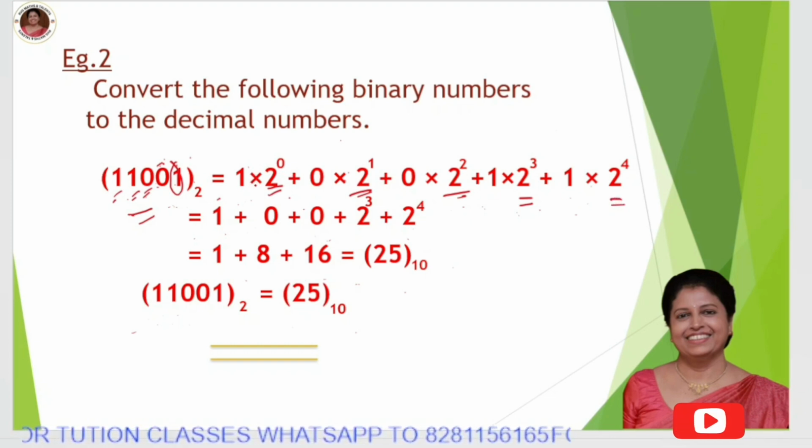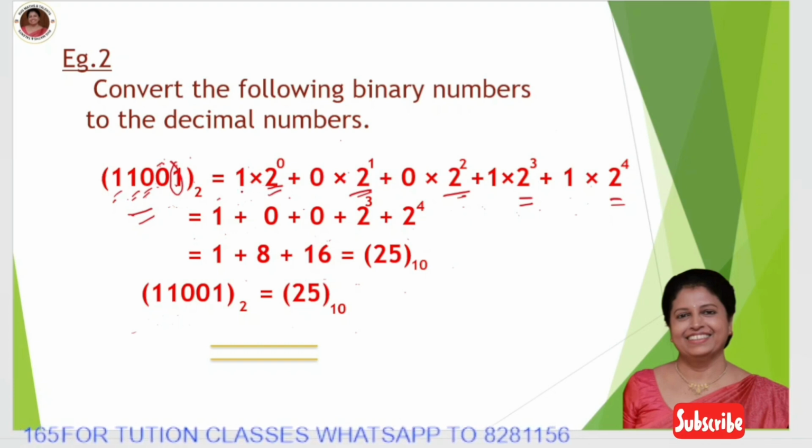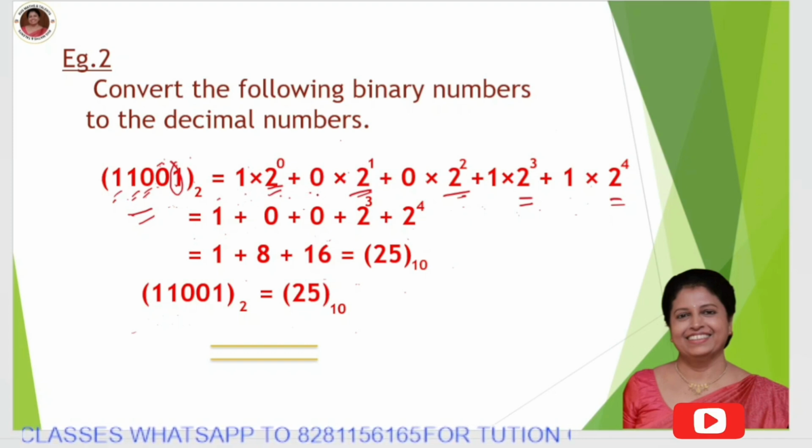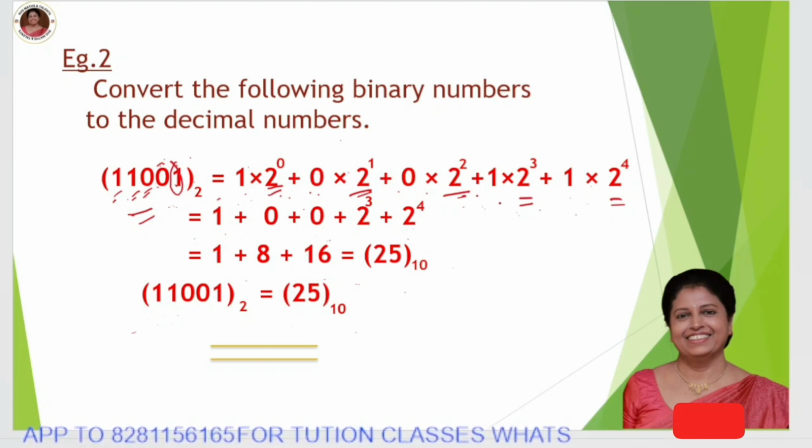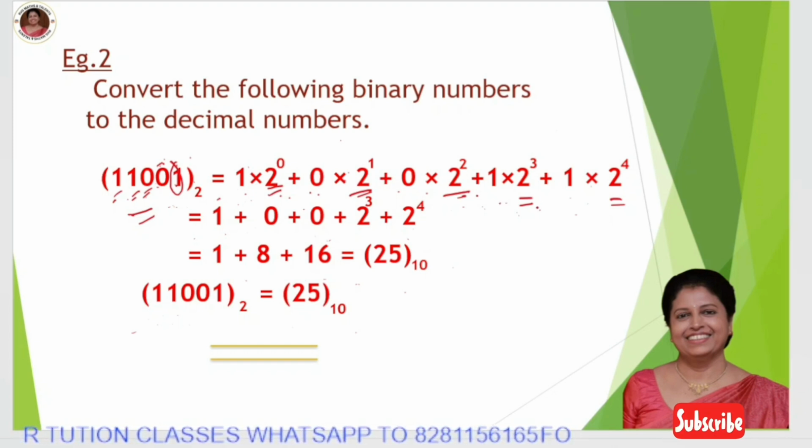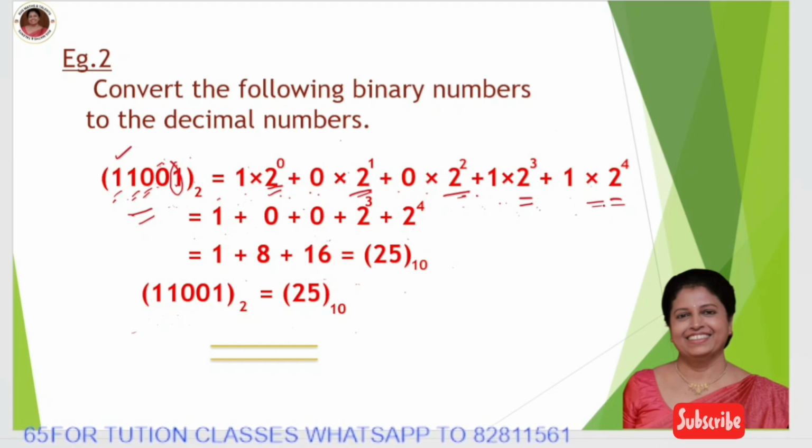Then we can say, with its positional value 2 raised to 0, we get 1 times 2 raised to 0 plus 0 times 2 raised to 1 plus 0 times 2 raised to 2 plus 1 times 2 cube plus 1 times 2 raised to 4.